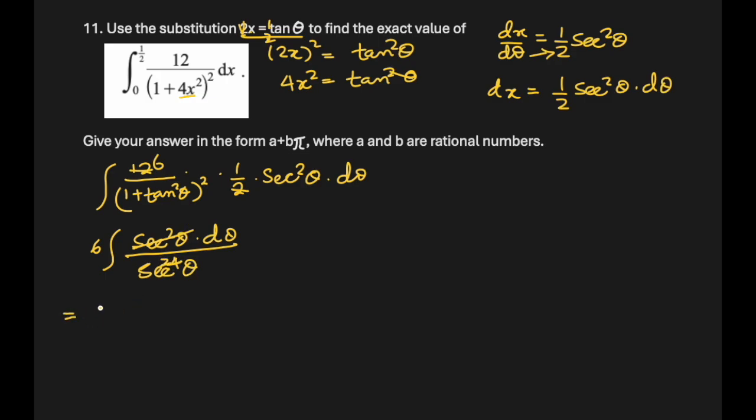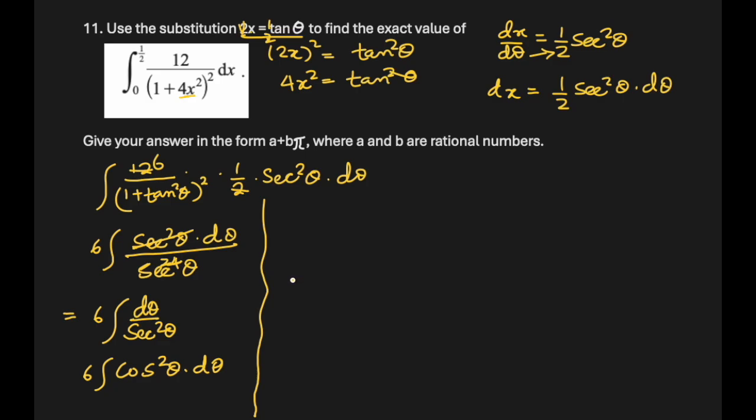So what do we get? 6 d theta over secant square theta. 1 over secant square theta is actually cos square theta, so it will become 6 cos square theta d theta, and now this will be easier to integrate.